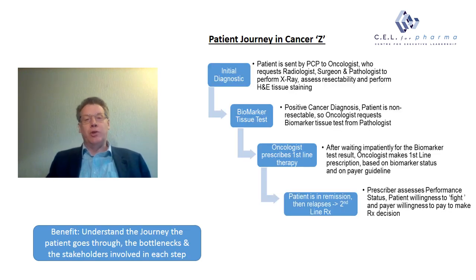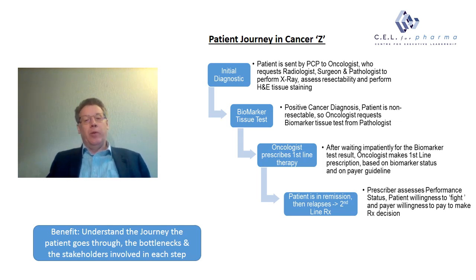Here is the patient journey in this particular cancer type, Cancer Z, and this patient journey will be quite insightful. First, the patient will be sent by the primary care physician to the oncologist, who will then request some X-ray, some surgeon, some pathologist to perform an X-ray, to assess the resectability of the patient, and to perform also a tissue staining.